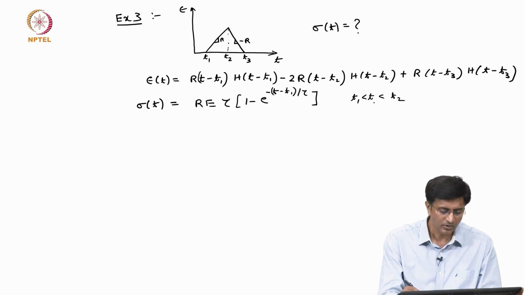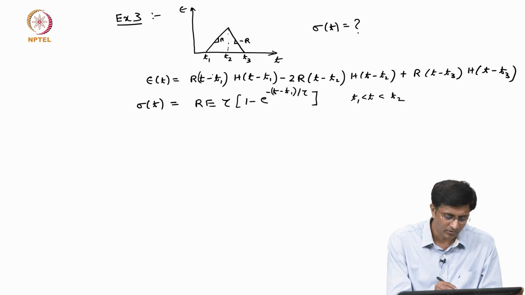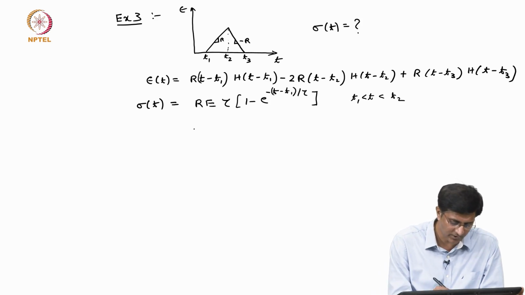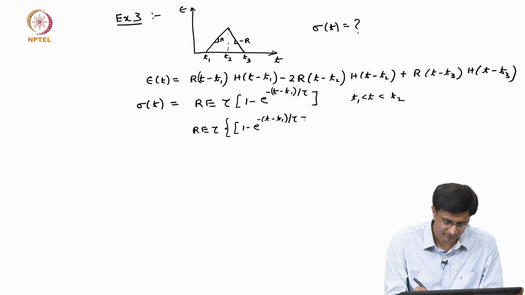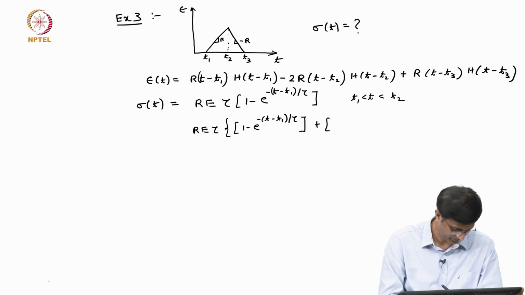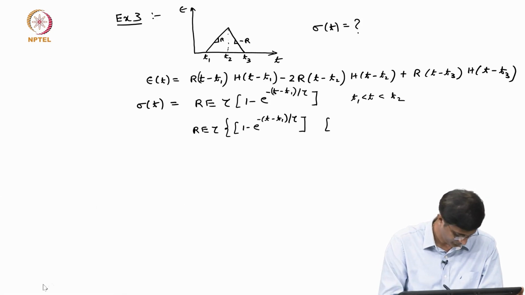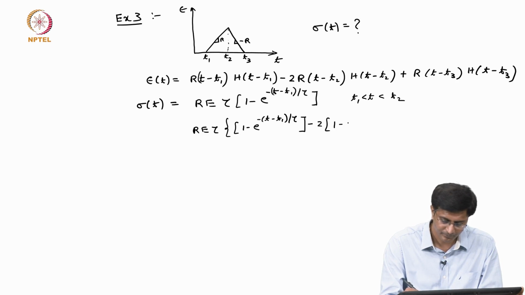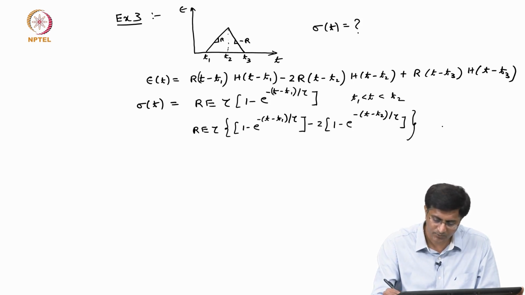This is the expression for the times between T1 and T2, but if we are looking for the response between times T2 and T3, it should be the response from the first two inputs, which can be written as again, and this is applicable in the times between T2 and T3.